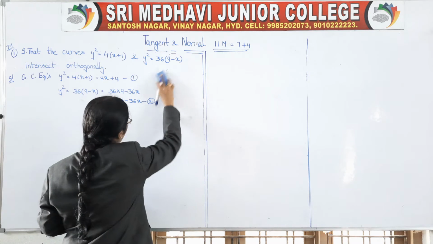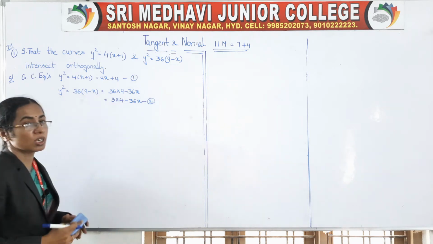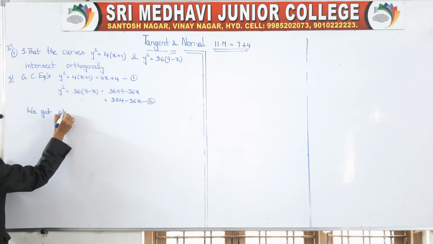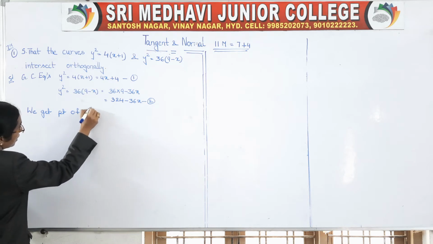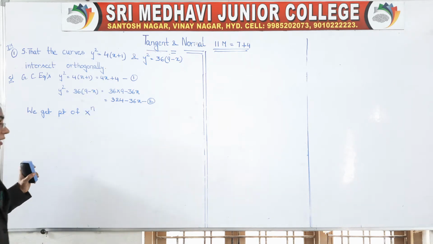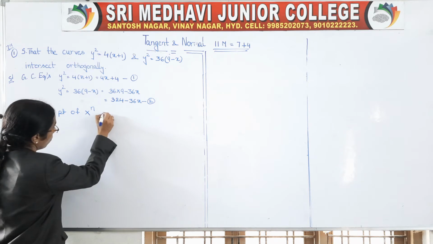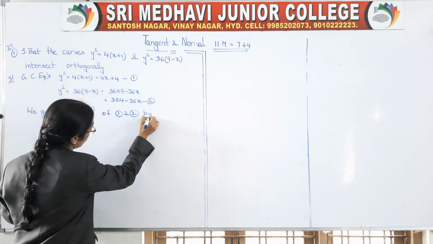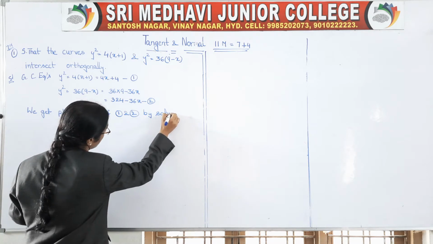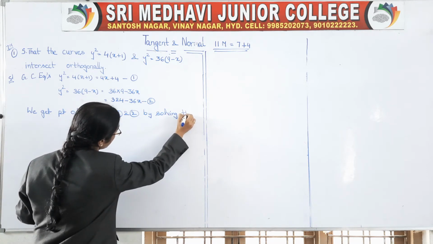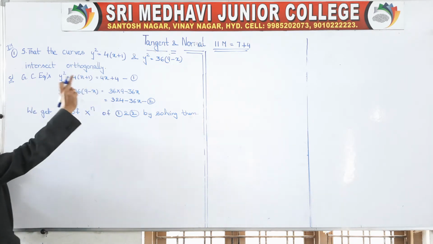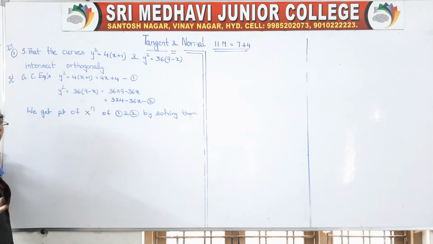We want the point of intersection of these two curves, right? How do we get the point of intersection? We get the point of intersection of 1 and 2 by solving those equations. If we solve any two equations, we will get their point of intersection. What is the first one? y square. What is the second one? y square.